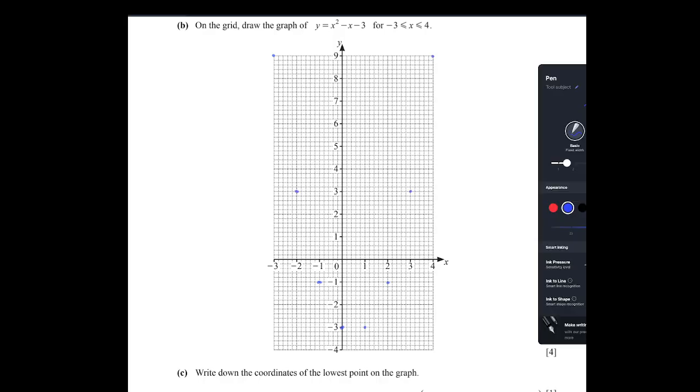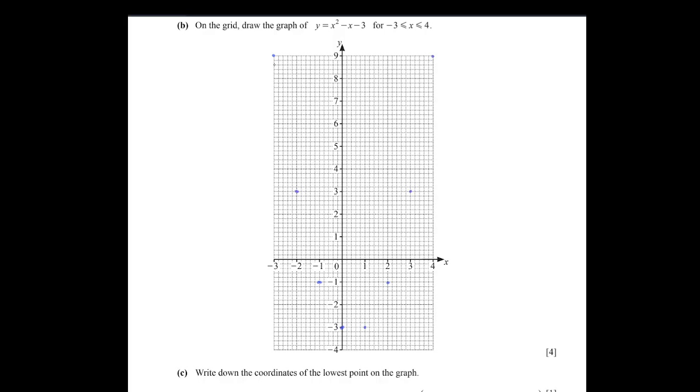Take your pencils and draw the curve very carefully. First let me draw the dashed line and let me make it darker.